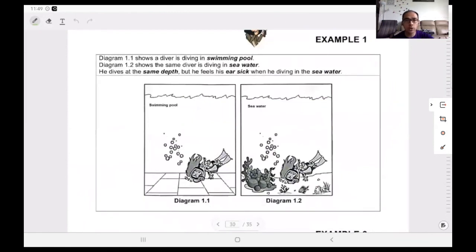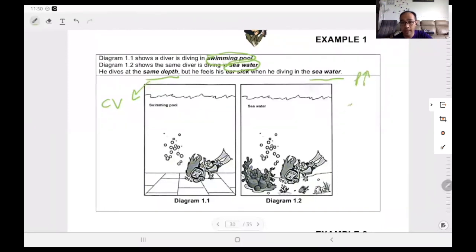Diagram 1.1 shows a diver in swimming pool and the same diver in sea water. He dives at the same depth, so this is our constant variable, but he feels ear sick when he's diving in sea water. Why does he feel ear sick in sea water? Because pressure is higher. Why is the pressure higher?